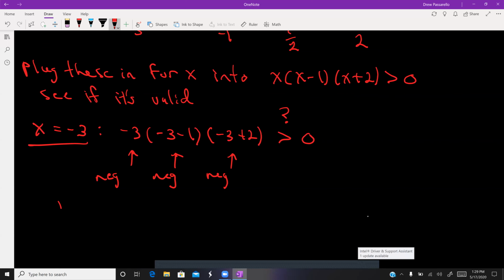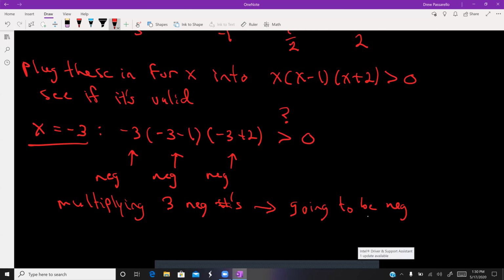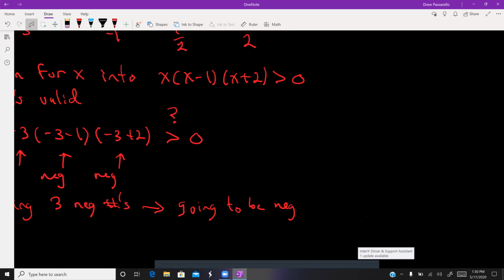If you multiply an odd number of negative numbers, it's going to be negative. So we're multiplying 3 negative numbers. That's going to be negative. It doesn't really necessarily matter what the value is, just the sign. Since it's negative, this is not greater than 0.